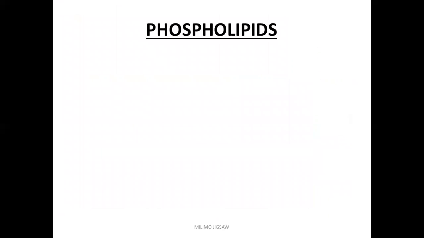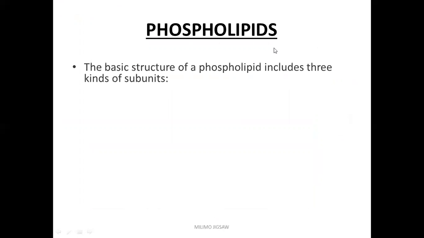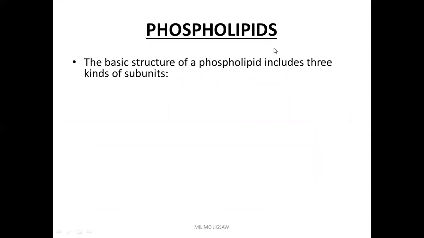So now let's look at the phospholipids. These are lipids with a phosphate group. Phosphor is for the phosphate group, lipid is lipid. The phospholipid is among the most important molecules of the cell, because these form the core of all biological membranes.